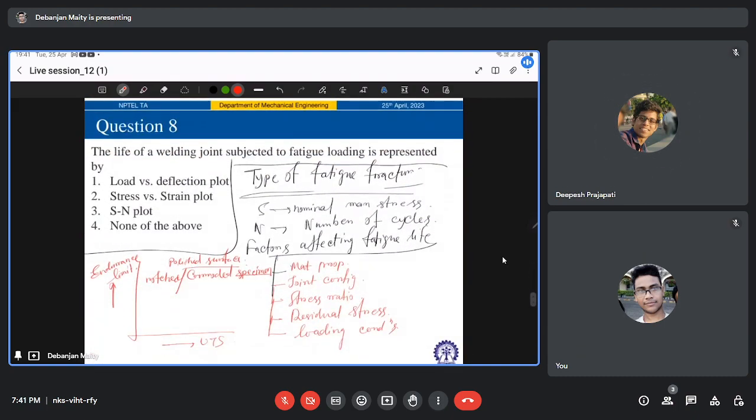Then you have the life of a welding joint subjected to fatigue loading is represented by the S-N plot. Option 3 is correct.